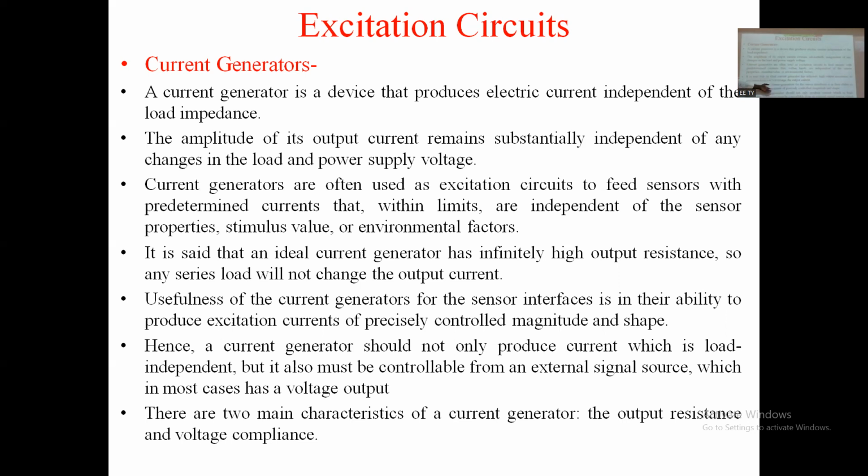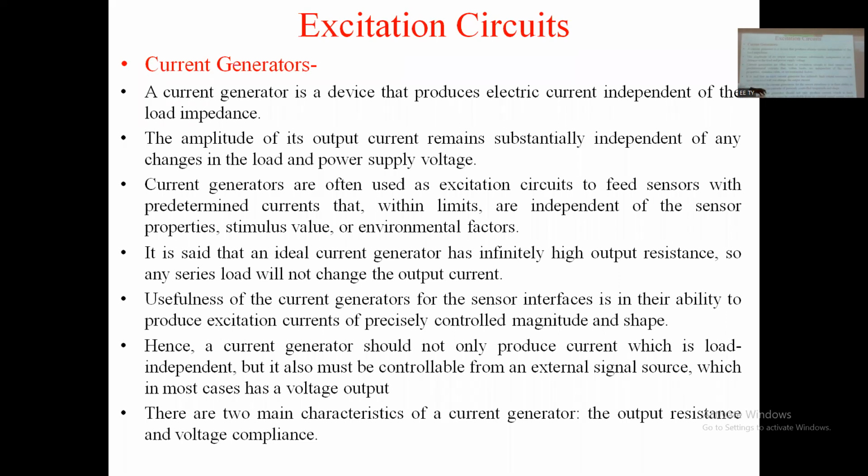Current generator ची जी काय ability असेल, so the ability to interface the sensor, it will produce the excitation current of precisely controlled magnitude. म्हणजे त्याची magnitude किंवा shape जो असेल तो precisely controlled असेल. Constant value आहे, that means त्याची magnitude किंवा amplitude आपण constant म्हणणार. Shape should depend upon whether it may be a sine wave, whether it may be a square wave. त्याचा shape पण काय राहील, precisely controlled राहील.